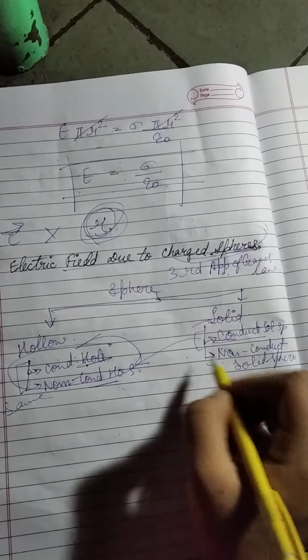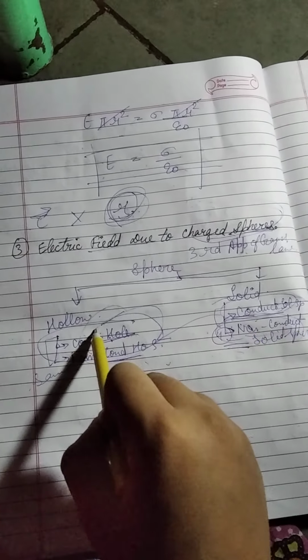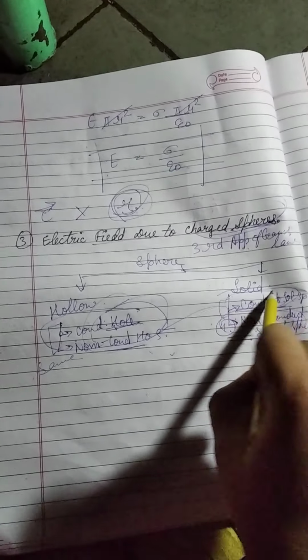So we have to find electric field due to charged sphere for these three only one time, and for this we have to do again all this. We have to find electric flux for this non-conducting solid sphere. So first we will find the electric field due to conducting, non-conducting hollow spheres and conducting solid spheres.